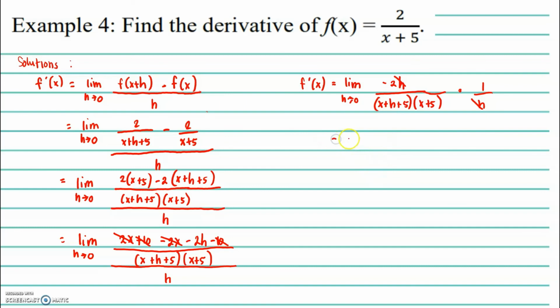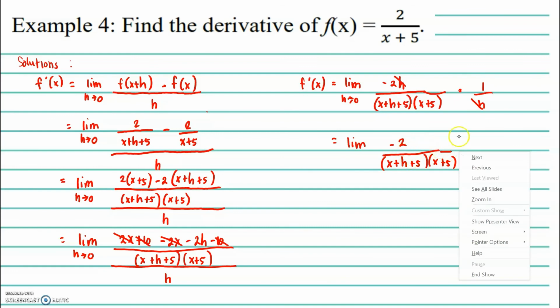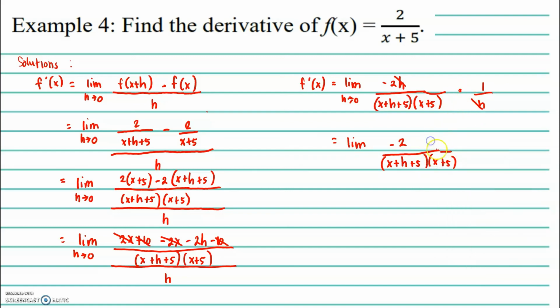Multiplying, we have the limit of negative 2 over x plus h plus 5 times x plus 5, as h approaches 0.